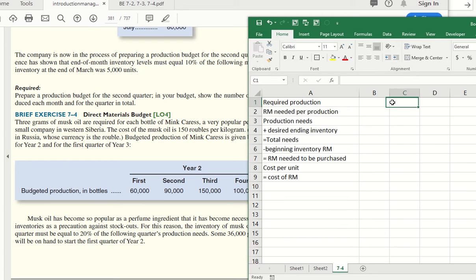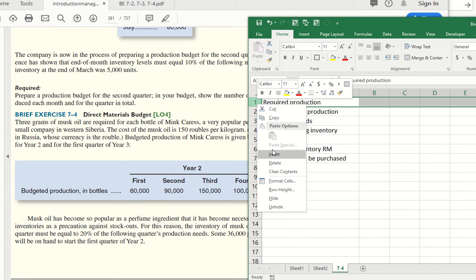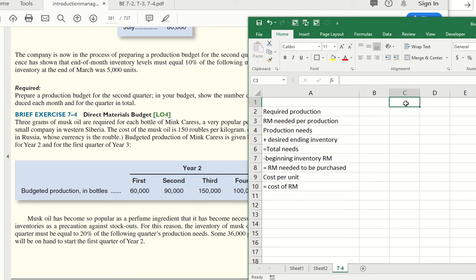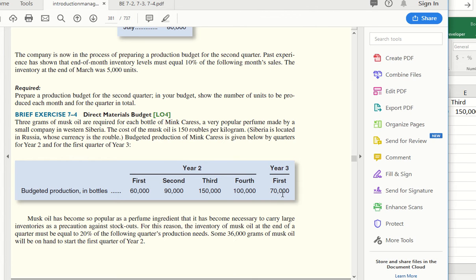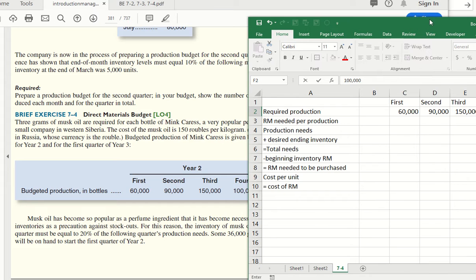So let's get in these numbers so we can start working. First, second, third, fourth. You probably can't see that fourth, but that's okay, I'll show it to you in a minute. And then the last part, the first was 70,000 in year 3.